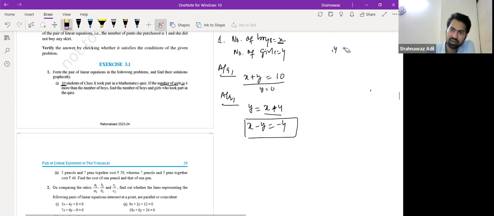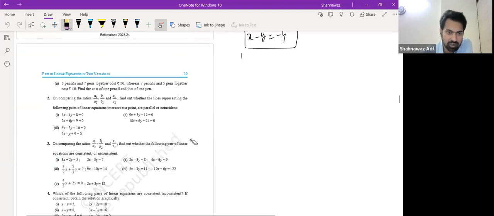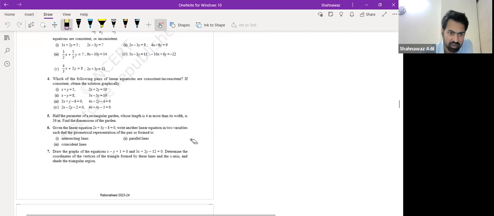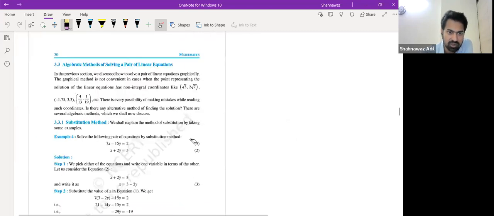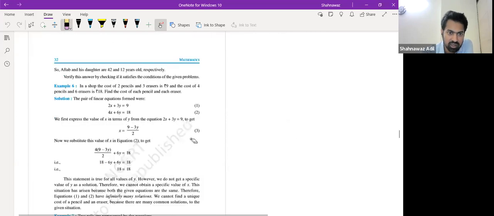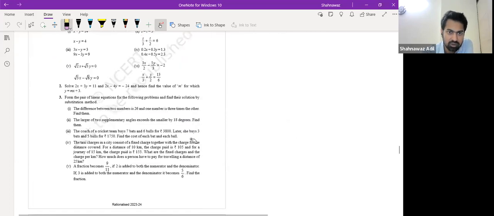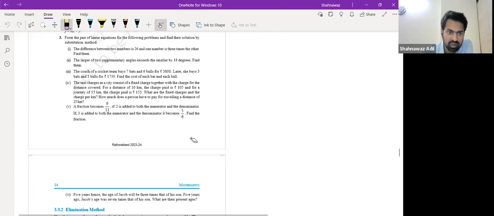So you guys try this question, okay? And it's already 8:30. On Monday I will try to quickly finish this, then we will have the substitution method and then the elimination method.